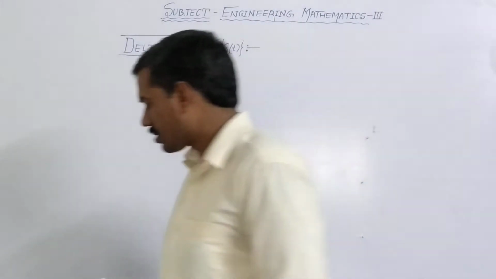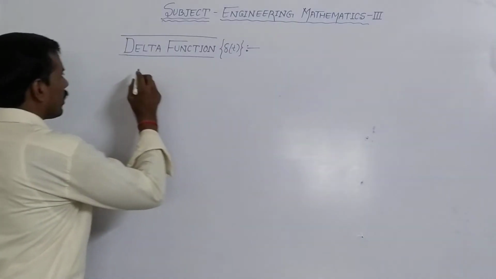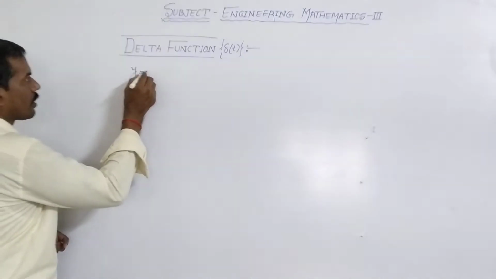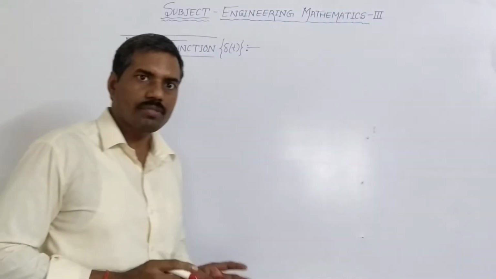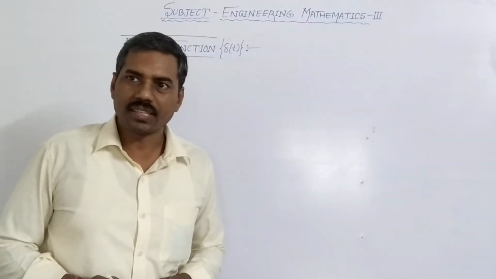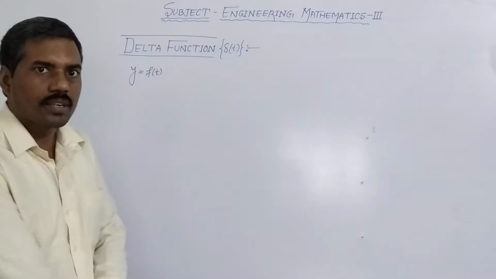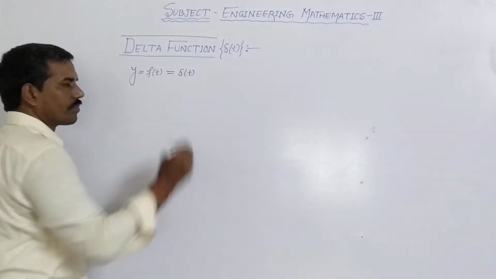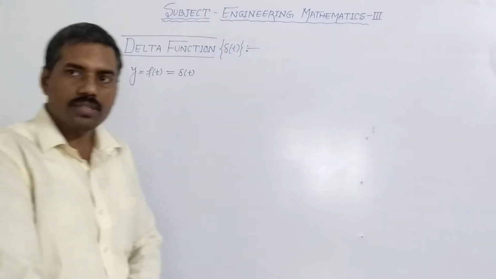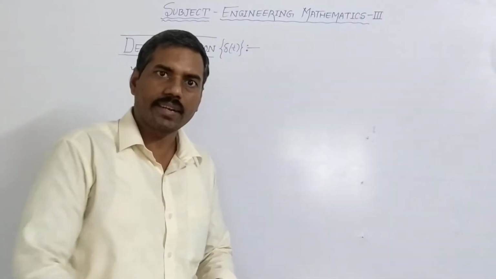Okay, students, if y is equal to f of t, meaning y is a function of t, and let this be equal to delta of t, where delta t is the delta function in t.